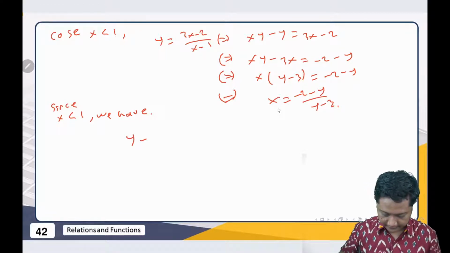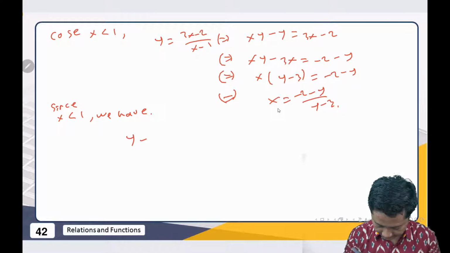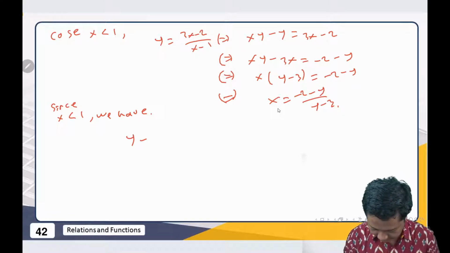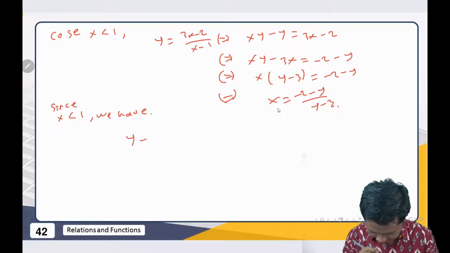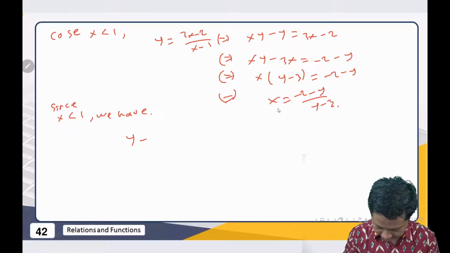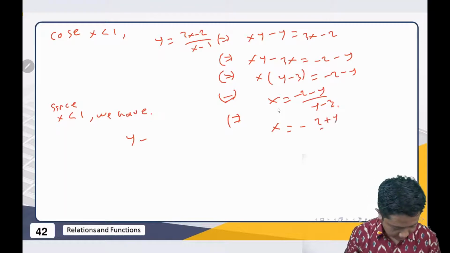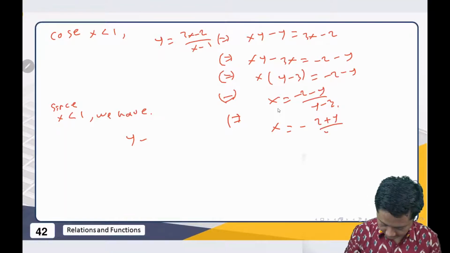We have xy minus y equals 3x minus 2, and we have xy minus 3x equals minus 2 minus y. Then we have this, okay, should be fine. To make it easier, I would like to write here minus (2 plus y) over (y minus 3).